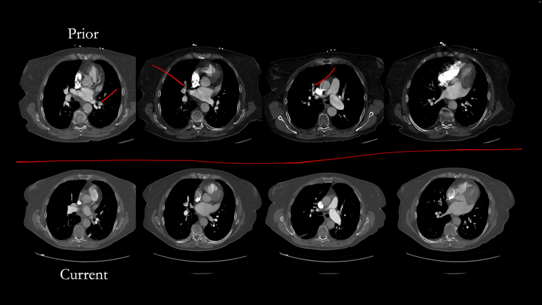And on the follow-up study, which was the current study evaluated, it's very important to compare with the prior study and go level by level to look at resolution of previously seen filling defects in the pulmonary artery branches. And that is important to find if there are any new filling defects in pulmonary artery branches that were not present before, to make the diagnosis of a new acute pulmonary embolism as it was in this patient.